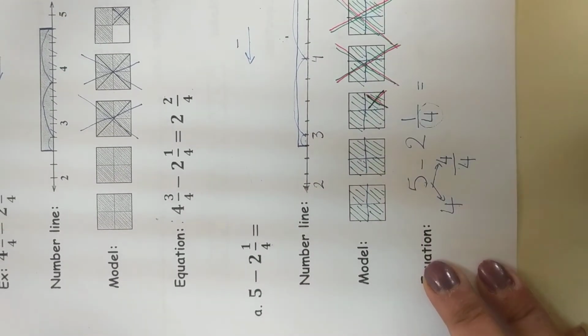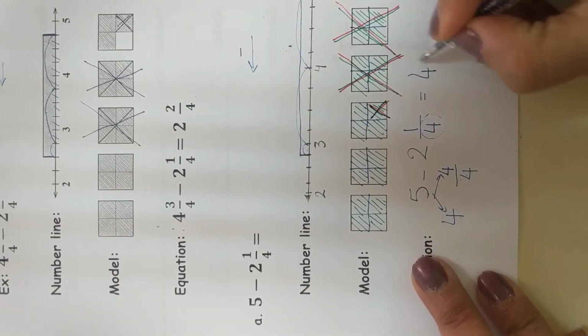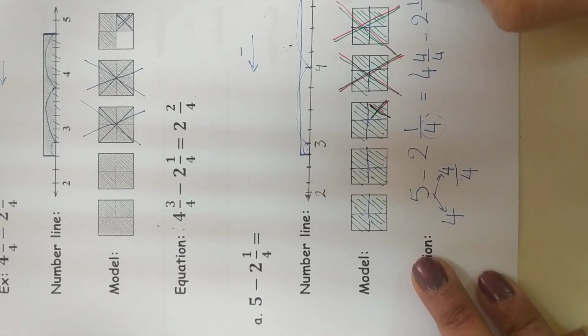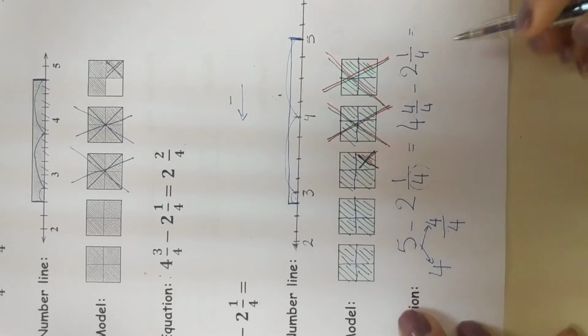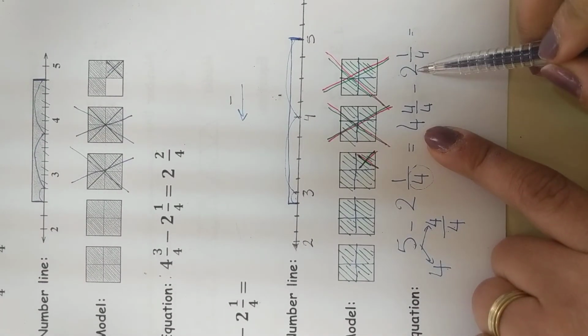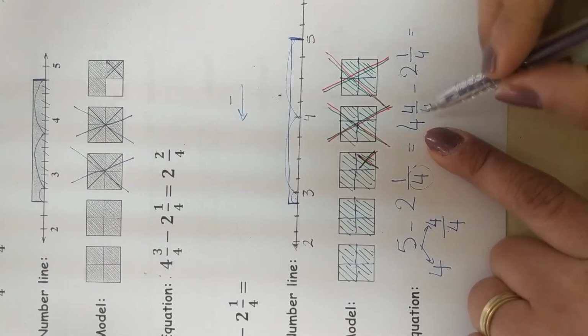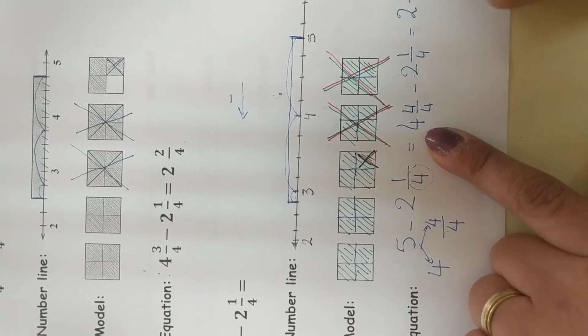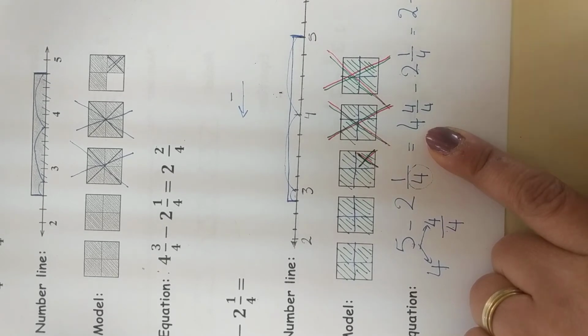So this will be 4 and 4 over 4 minus 2 and 1 over 4. We subtract the whole numbers first, and then we subtract the fractions. 4 minus 2, the answer will be 2, and the denominator as it is. 4 minus 1 is 3.